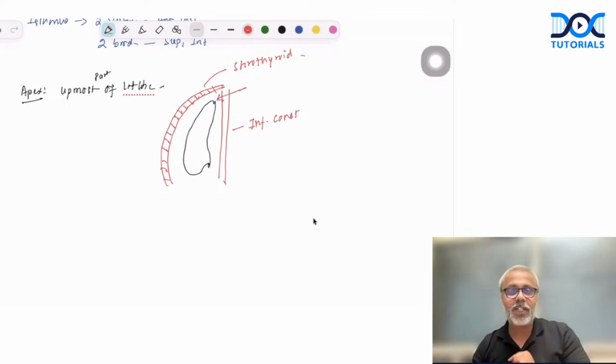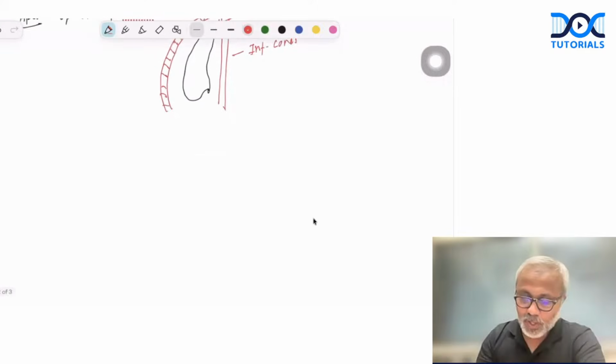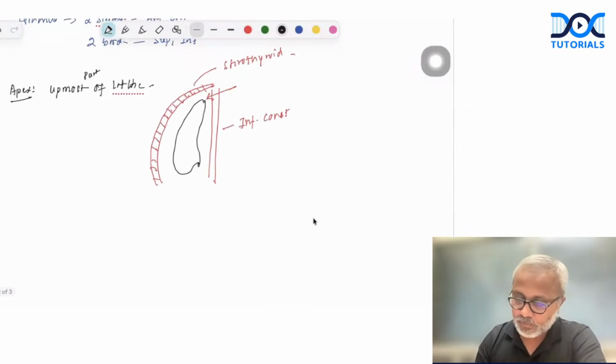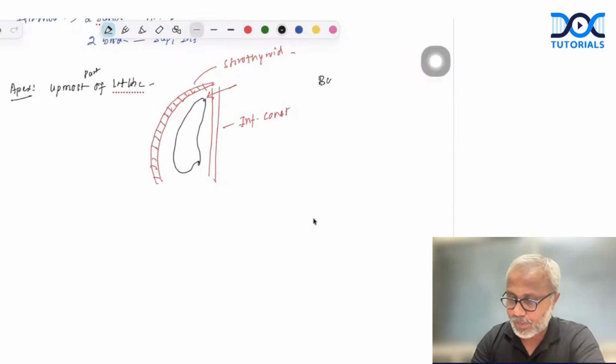What is the importance of this? Remember, thyroid swellings never extend upward. The reason for that is the apex is sandwiched between these two muscles, and this is a must expected answer. You cannot skip this. You have to write. Okay? Then, what about the base? What will you write about the base?